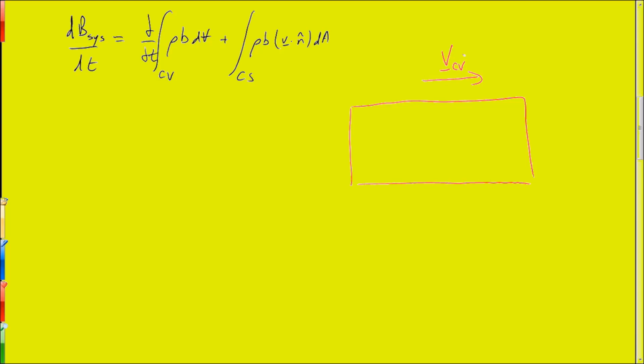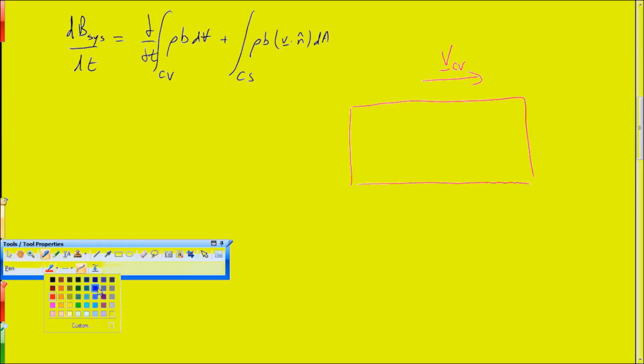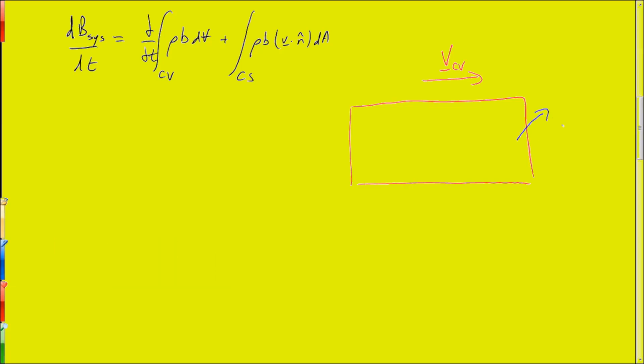Then any fluid particle that is moving with respect to this control volume, in particular that's moving across, let's say, some boundary, well, we call that velocity vector v, as we have before. But we know that we can write v, the absolute velocity, is equal to the velocity of the control volume plus what we'll call w, which is the relative velocity of the fluid with respect to the control volume.